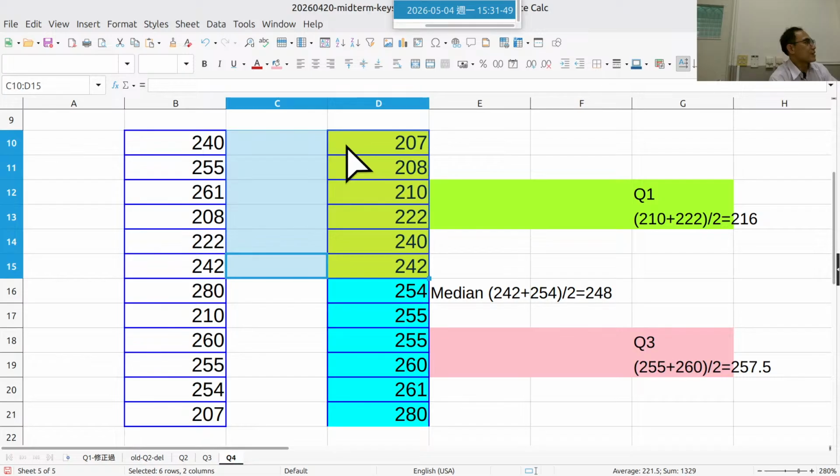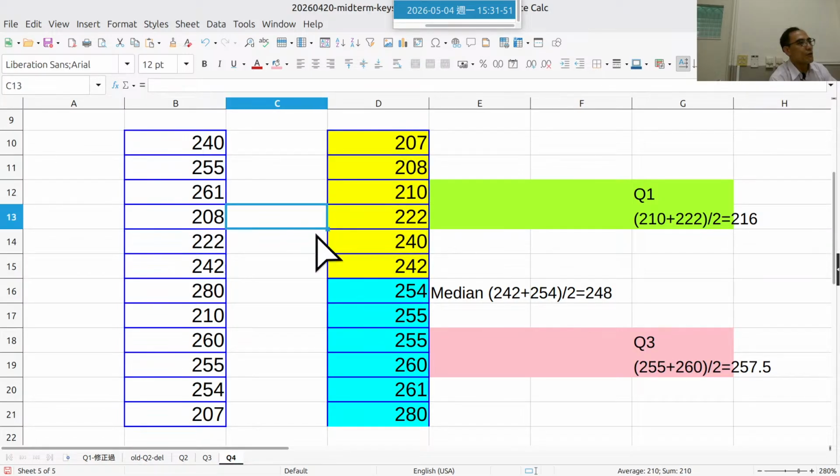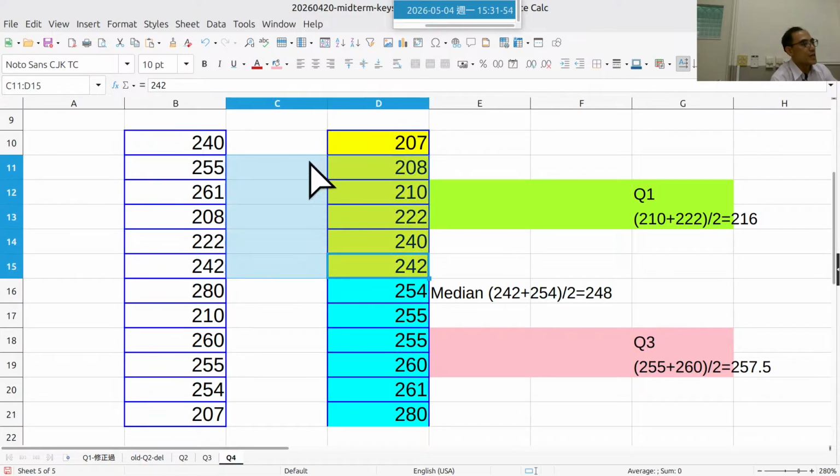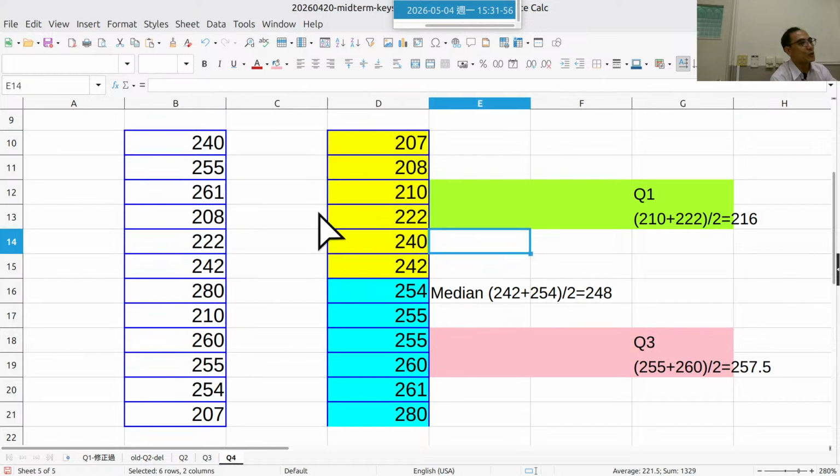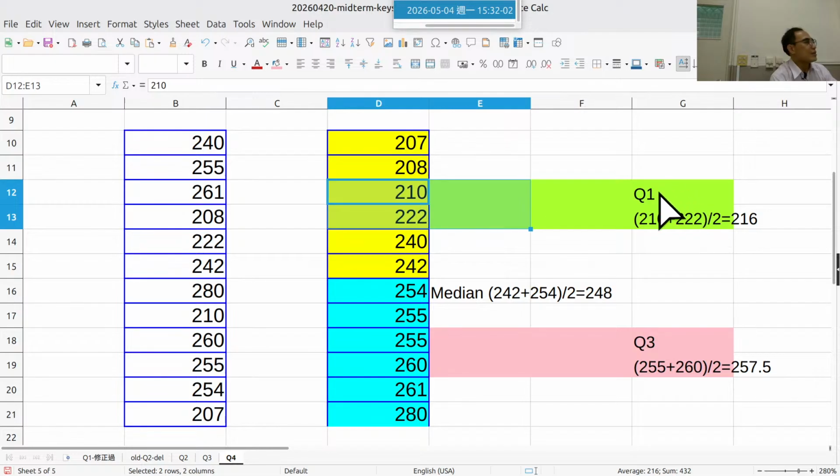Obviously, 1, 2, 3, 4, 5, 6. With 6 numbers, we need to select the middle two, which are 210 and 222. Thus, Q1 is the average of 210 and 222, that would be 216. So far, okay?